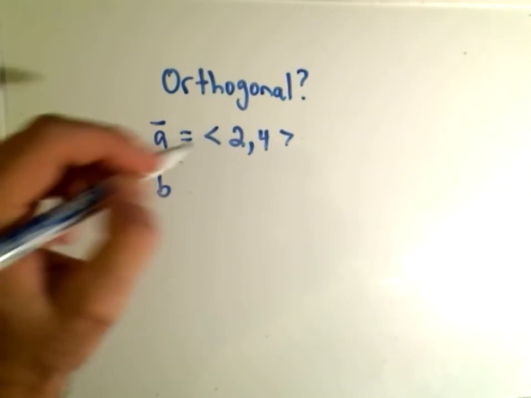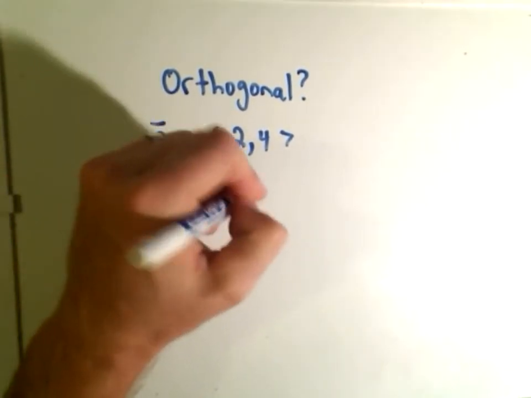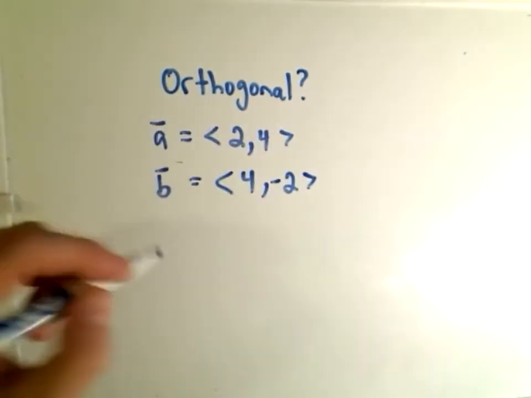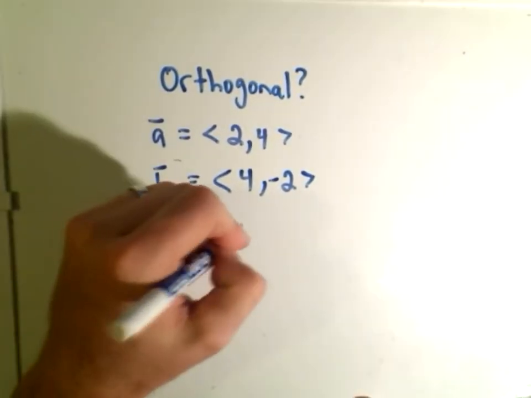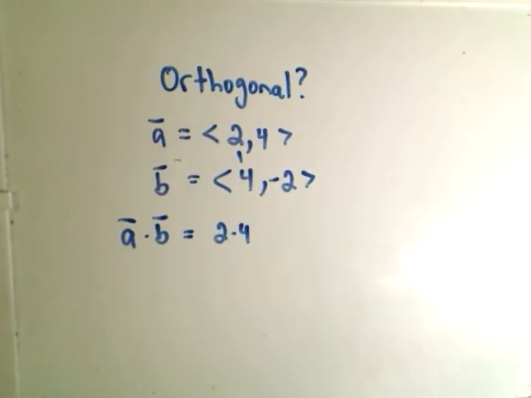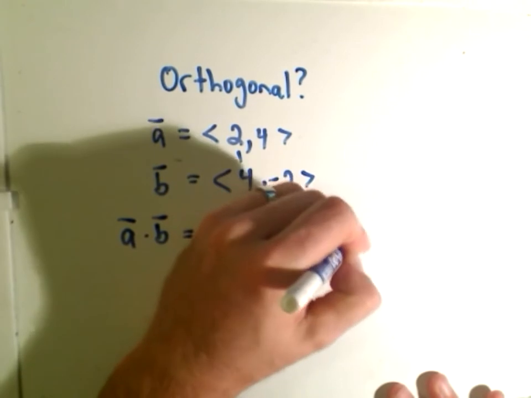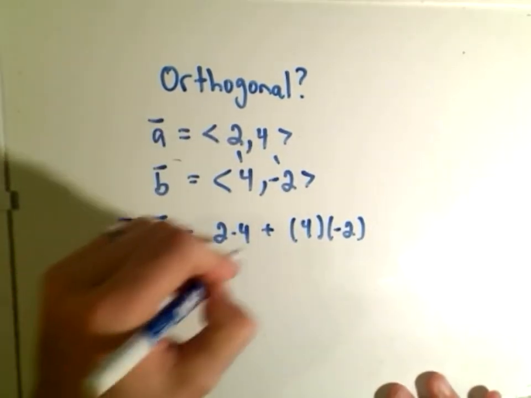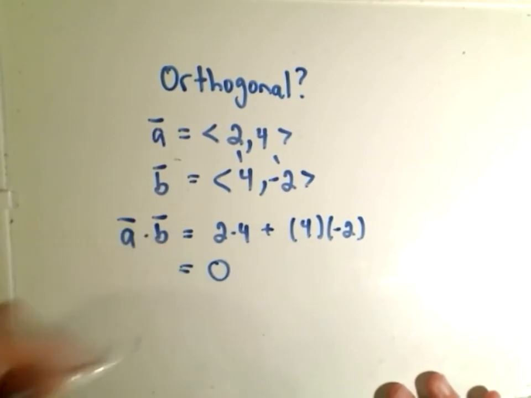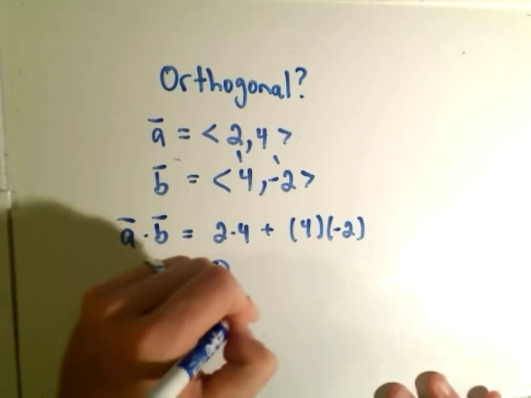Let's suppose vector B has components 4, -2. Well, the dot product of these two vectors will be 2 times 4. Again, we multiply the first components, plus 4 times -2. We multiply the second components and then add them together. Well, this is 8 minus 8, or 0. So yes, the vectors are orthogonal.